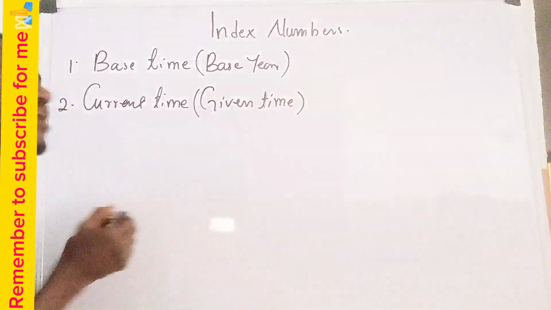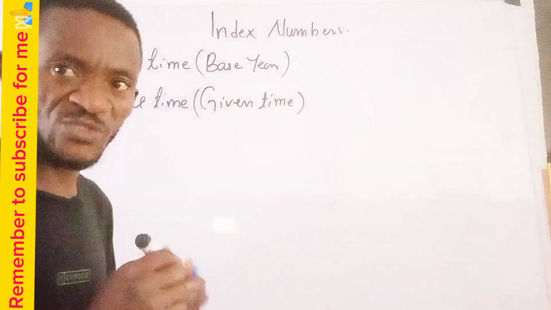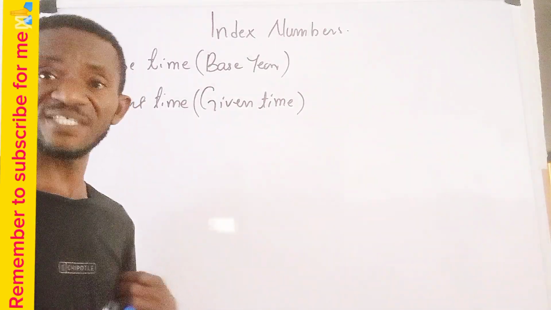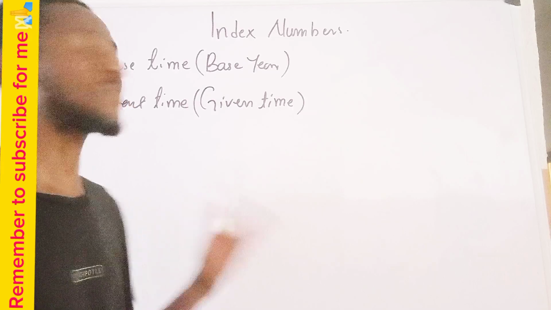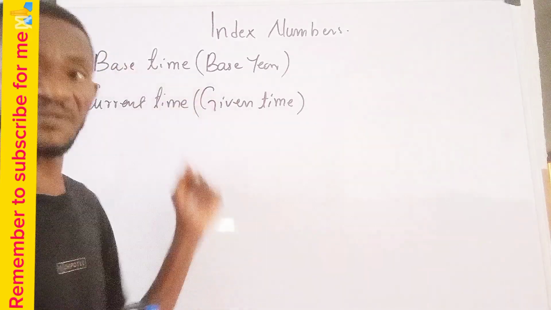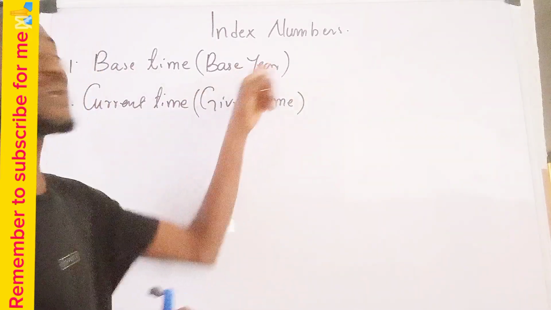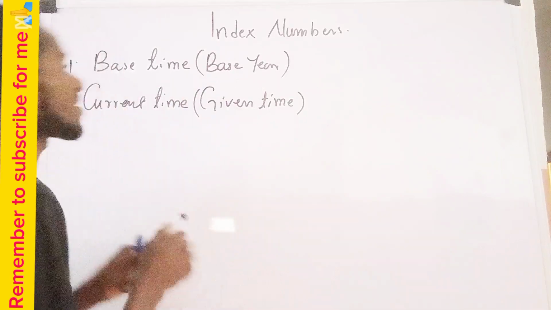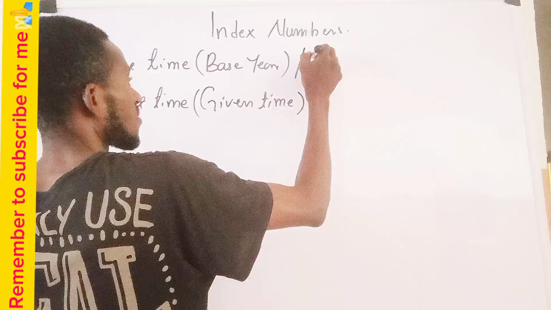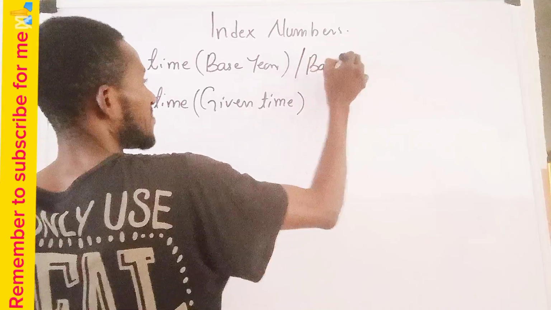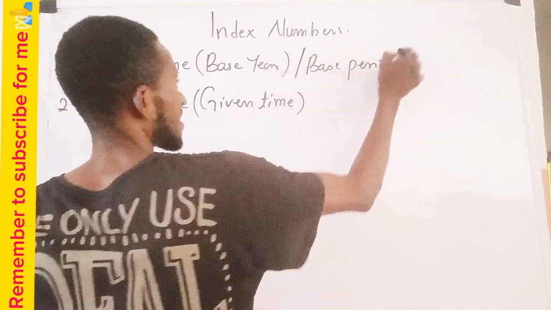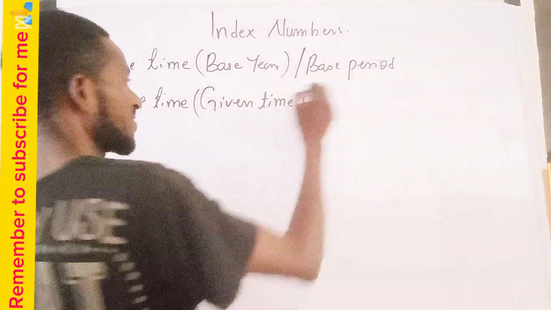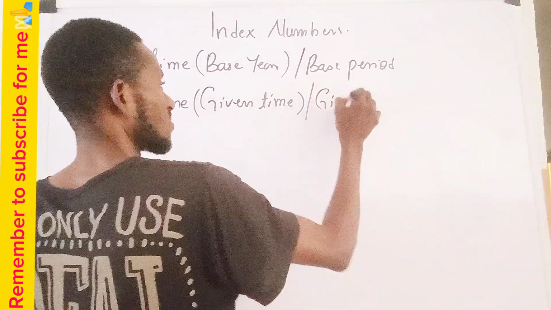It will not be confusing when somebody going through the pages of a textbook or magazine begins to see where people are talking about base period or the base year. They mean the same thing. You can equally see where they are talking about the base period instead of time, and as well, you can see them talking about the given period.